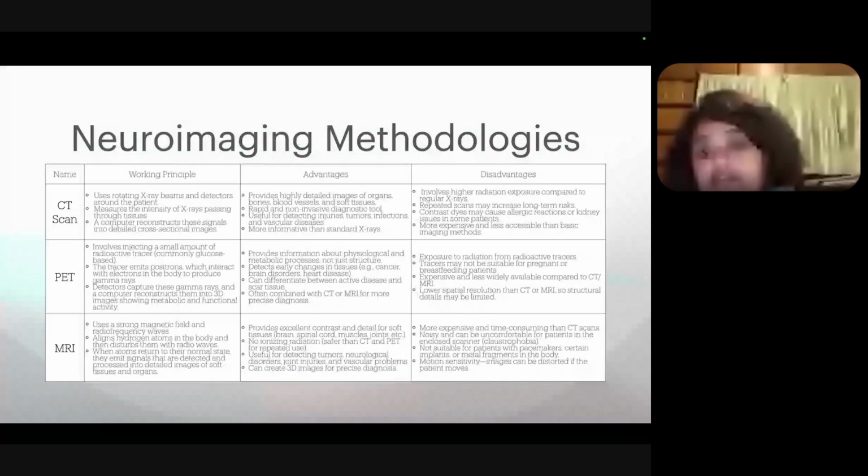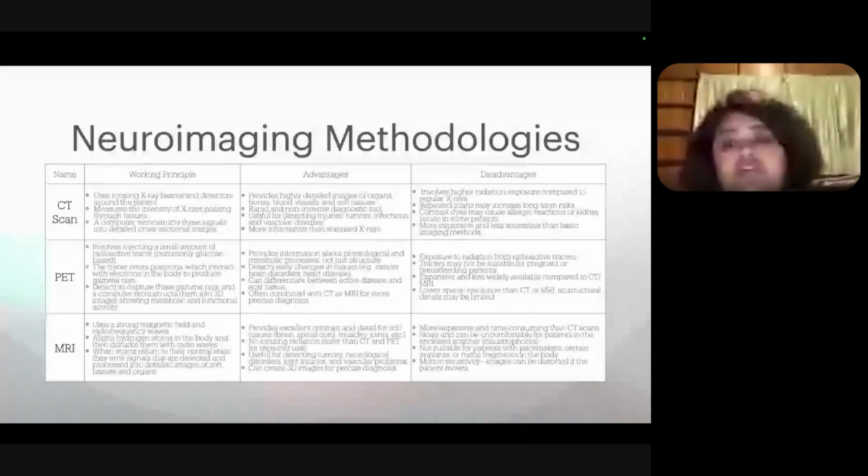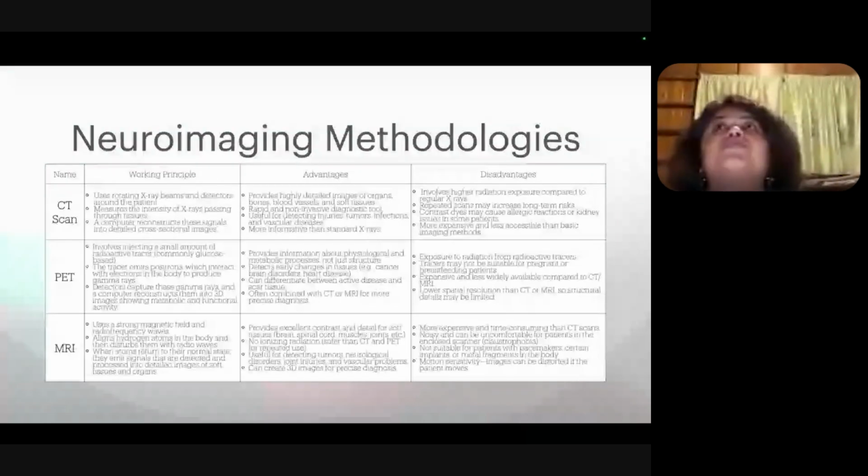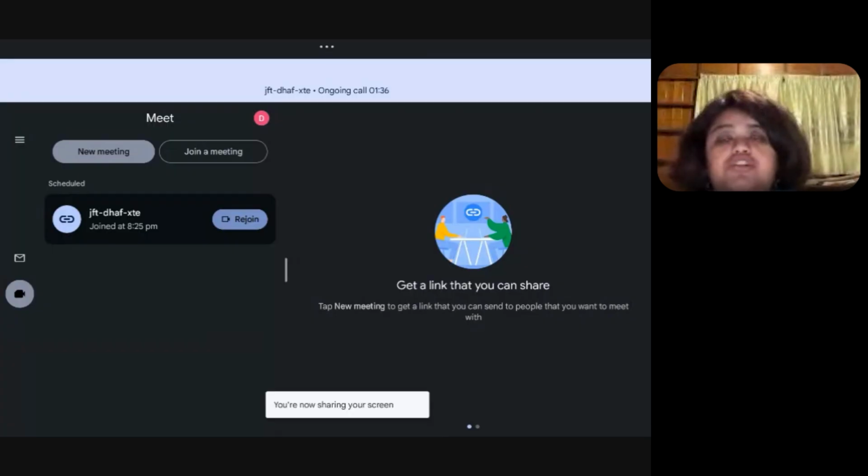Now, even though it has a lot of advantages, there are also disadvantages. What kind of disadvantage does it have? As you can understand, people are getting exposed to X-rays. So obviously there is radiation exposure, and long term radiation exposure is never good. So why can it be long term?